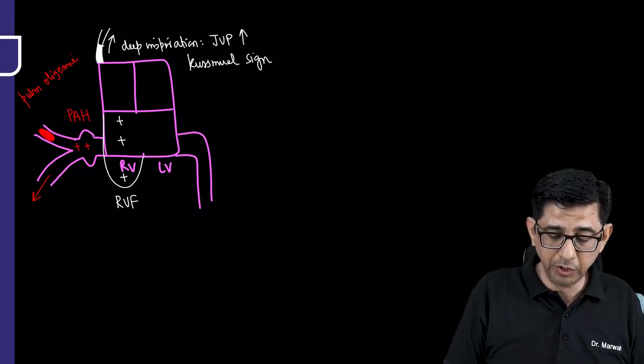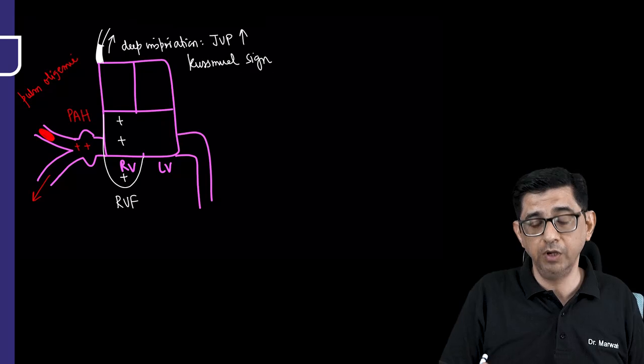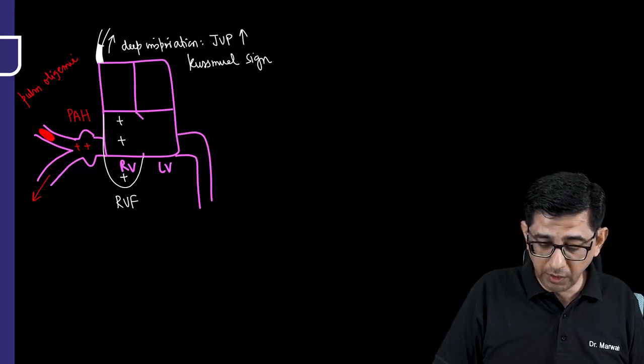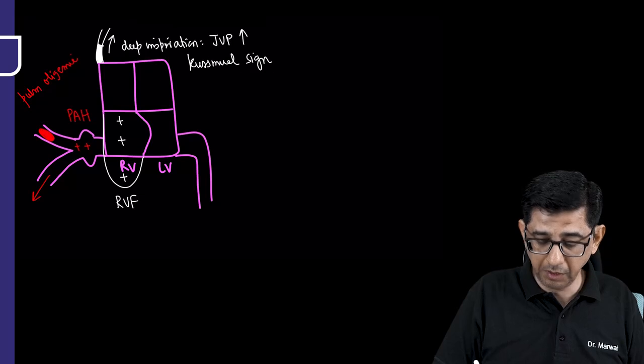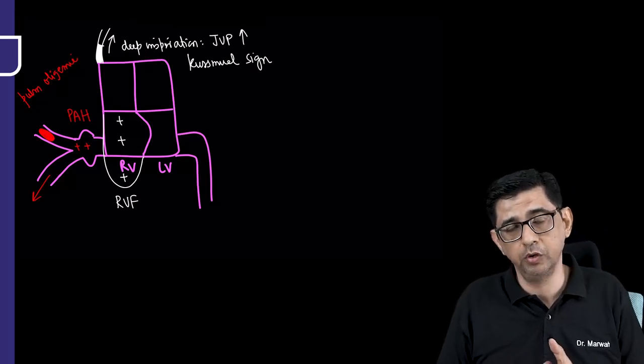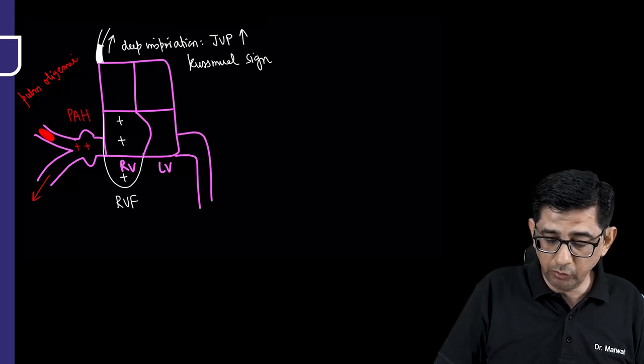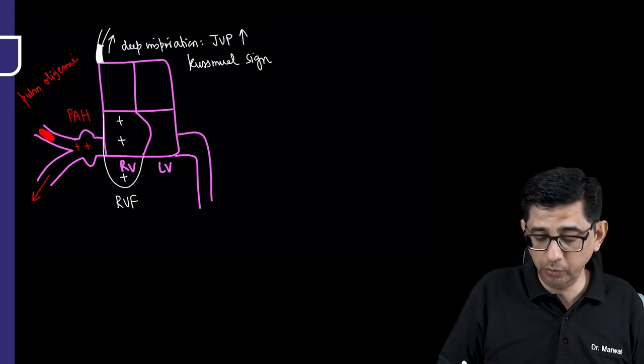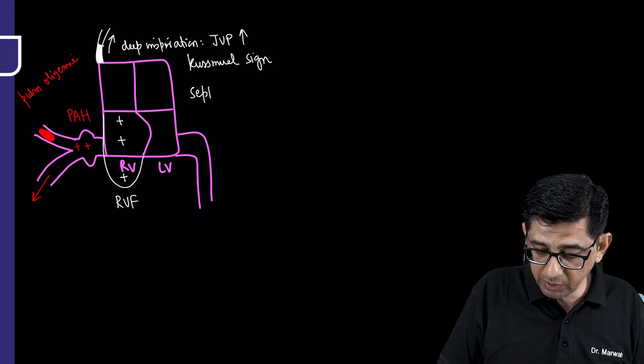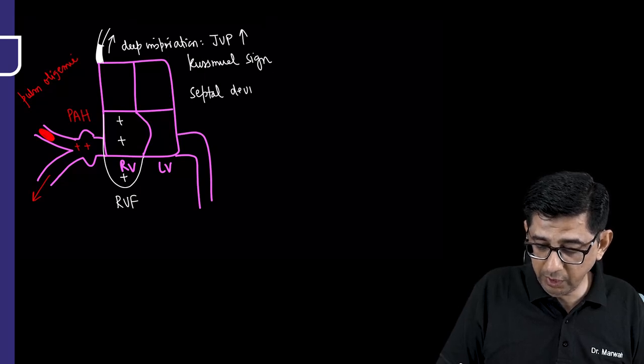So the pressure will keep on increasing to the level that now what I'm showing is a grossly dilated right ventricle. In fact, not only have I shown a grossly dilated right ventricle, I have also modified the diagram to show an event that happens in cases of massive pulmonary embolism, that is interventricular septal deviation.